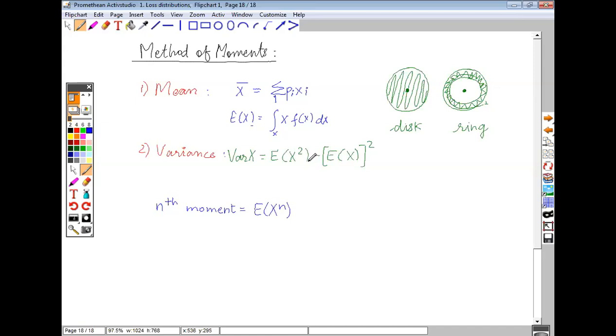So this is my second moment, this is my first moment, and this would be my nth moment. You can go on defining more and more moments as per the requirement of the analysis that you are asked to perform.